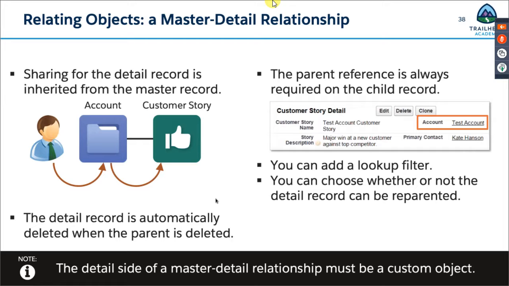The foreign key in the customer story, which tells which account is the parent, or in this case, the master record, that foreign key is a required field. Therefore, it will appear on your page layouts and it's a required field and the user has to select the value. But you can choose whether you want to or not to change who the master is. And there's a checkbox when you're building this to be able to allow it to change parents or masters.